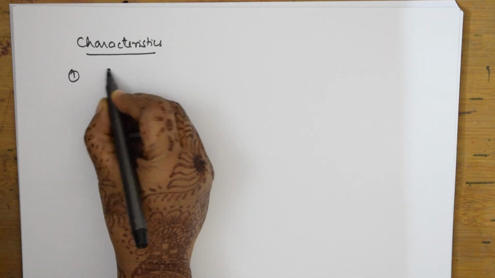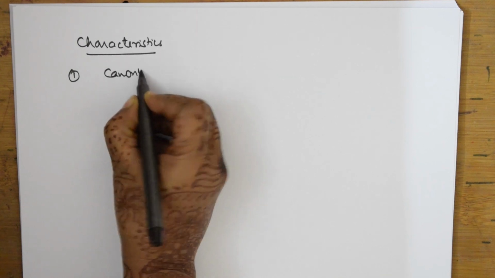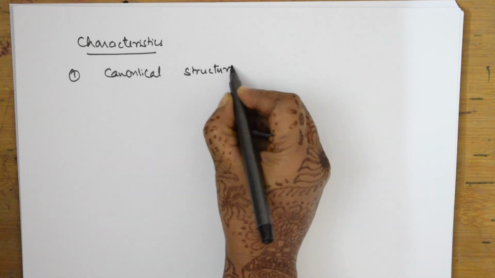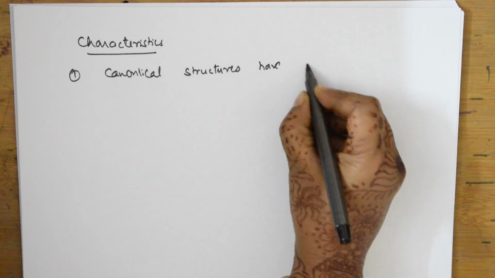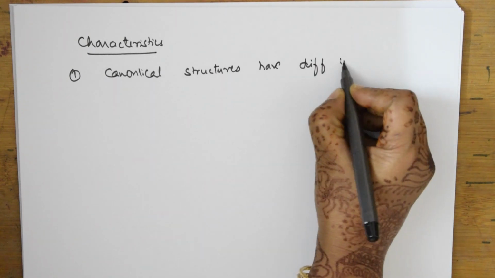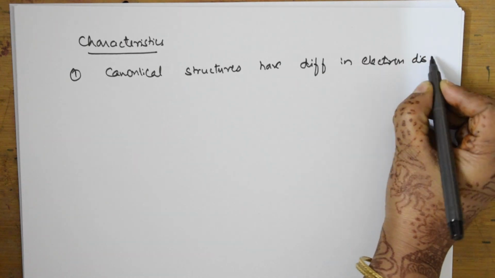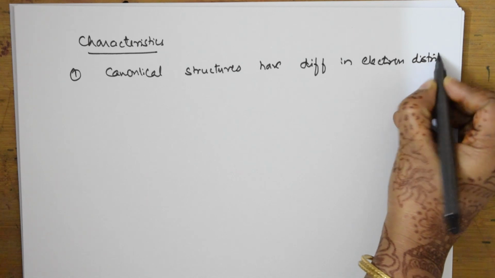First important characteristic: canonical structures have difference in electron distribution only. I'll show you with an example also.